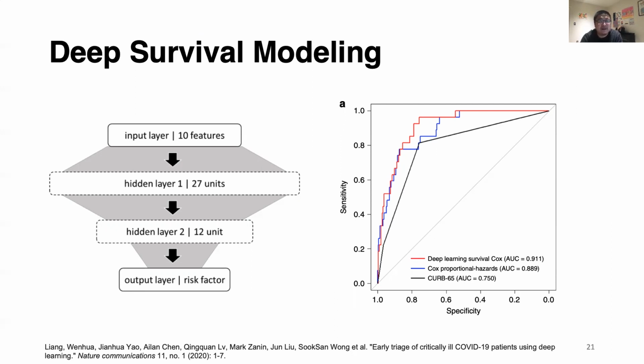As you can see, the 10 features identified by their algorithm go through a multi-layer perceptron with the final loss being the survival loss, and they train that and get good AUC values as shown in the right figure.